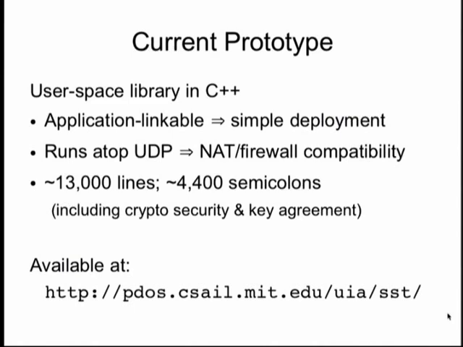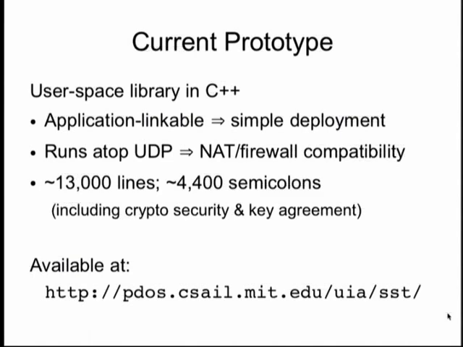And it currently runs atop UDP rather than directly atop IP. Besides the obvious reason for this, which is that applications can normally only get to UDP, there's another nice advantage: it gets across NATs and firewalls that would otherwise have no idea what to do with an SST packet.